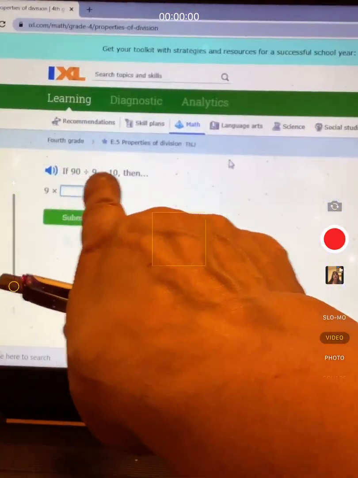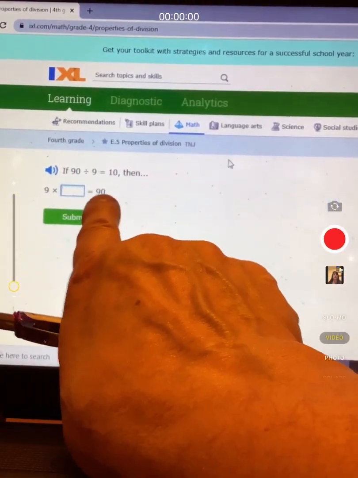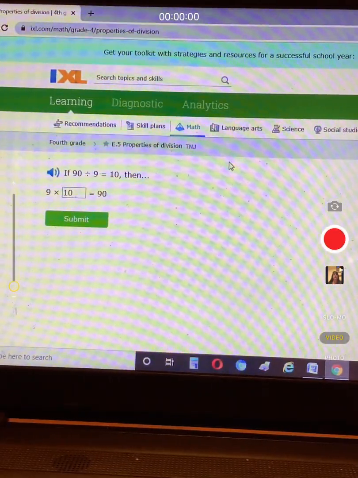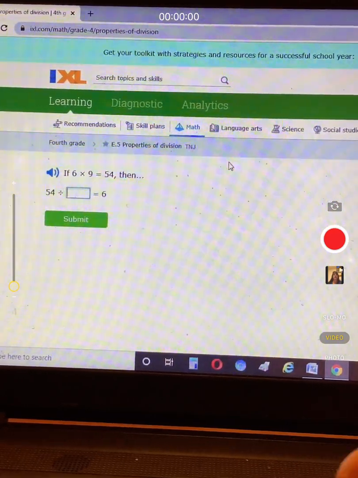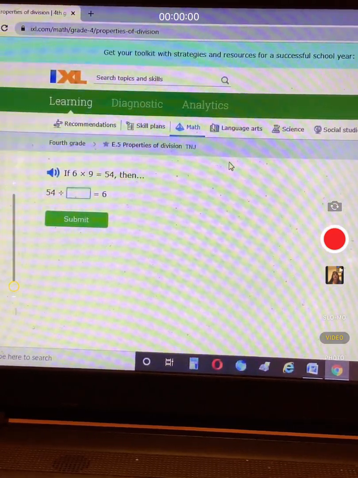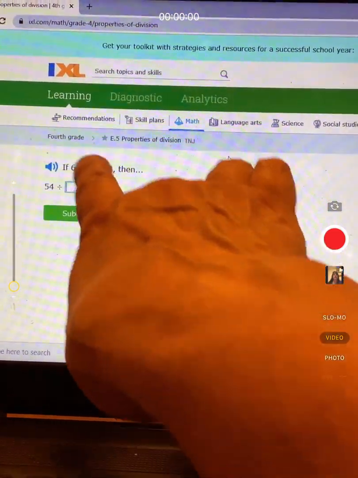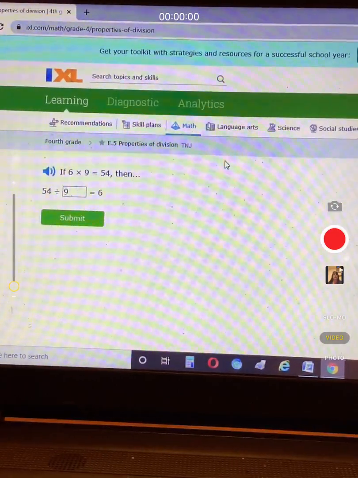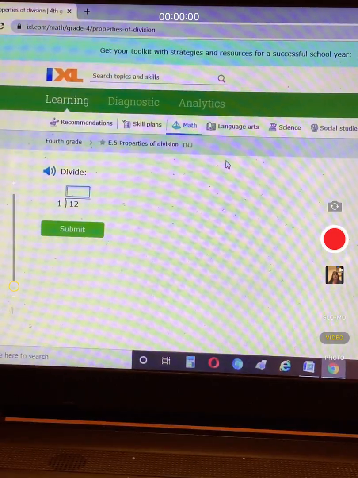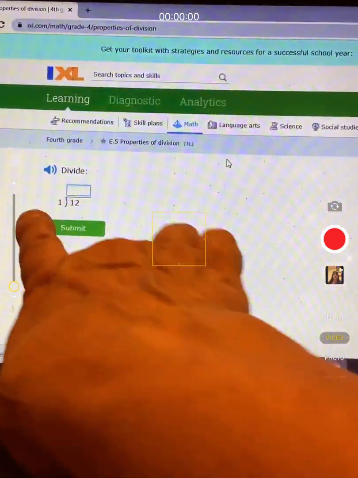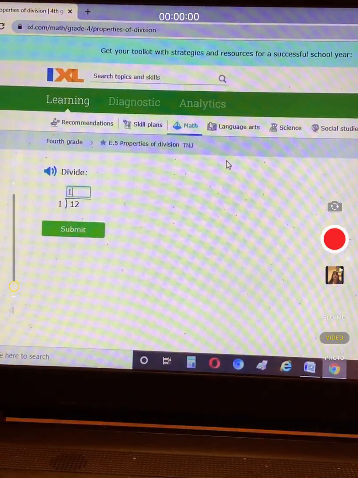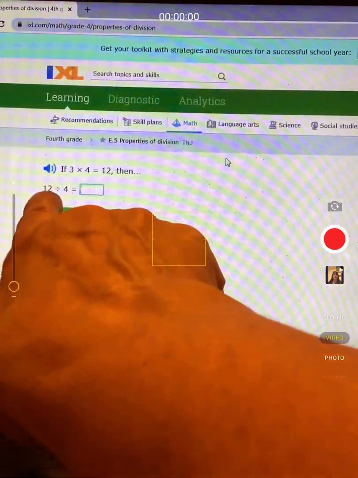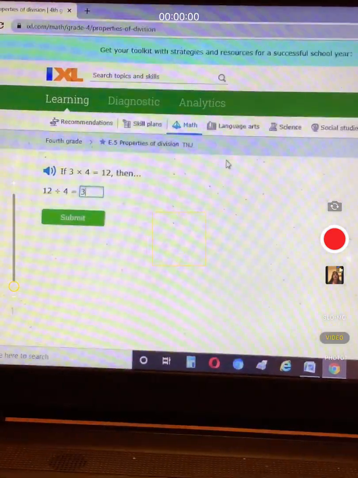90 divided by 9 equals 10. There's my 90. There's my 9, so that has to be 10. If 6 times 9 equals 54, then 54 divided by, they already put down the 6, they put down the 54, 9 is my only choice. 12 divided by 1, there's a 1, we're dividing by 1, so our answer is 12. 12 divided by 4, 12, 4, what's left? 3.